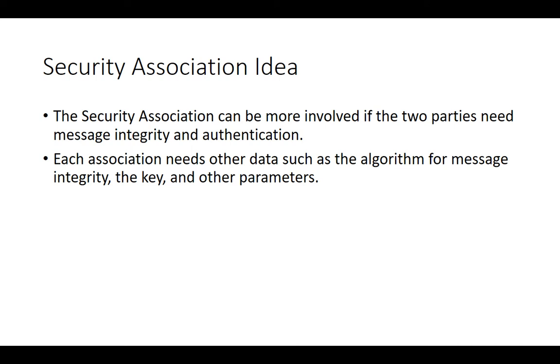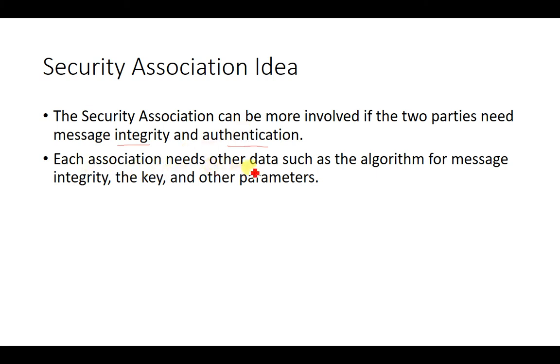Now, the security association can be more involved if two parties need message integrity and authenticity. Currently we are talking about only confidentiality. That means we will assure that the message is confidential or private and should not be disclosed to unauthorized persons. But if I want to implement the same communication by applying integrity as well as authentication, then the communication will be slightly more complicated.